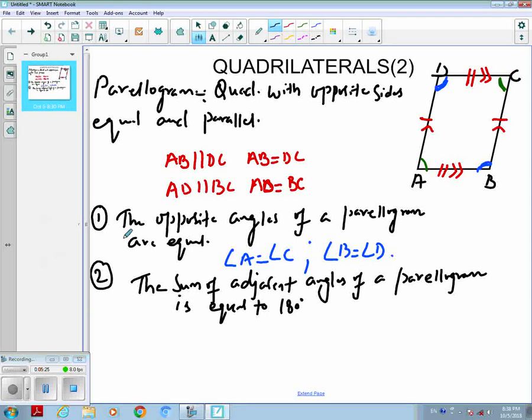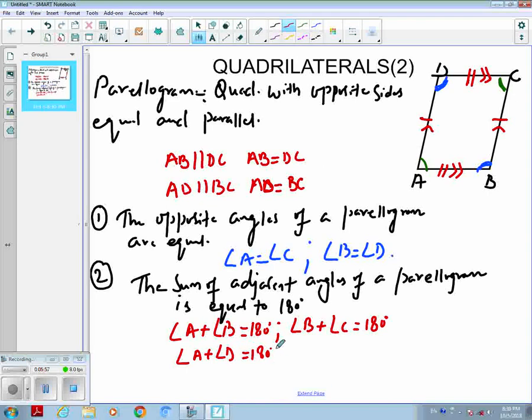So by this property, angle A plus angle B is equal to 180 degrees. Similarly, angle B plus angle C is equal to 180 degrees. Then angle A plus angle D is equal to 180 degrees.